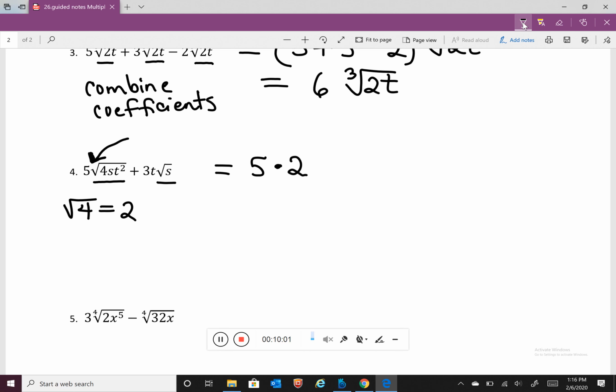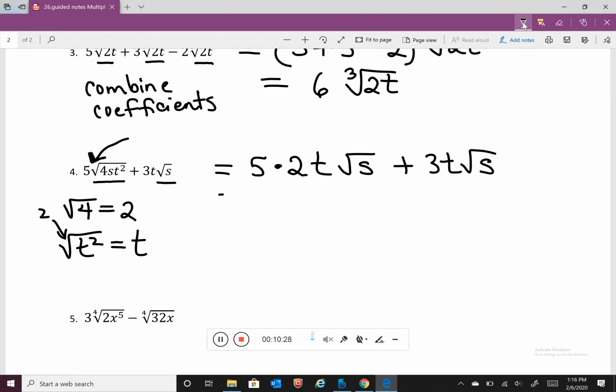But the square root of t squared, because our implied root there is 2, the root and the power will cancel, leaving us with t. So the only thing left underneath our radical is the s, pardon me. There's nothing I can do with 3t times the square root of s.